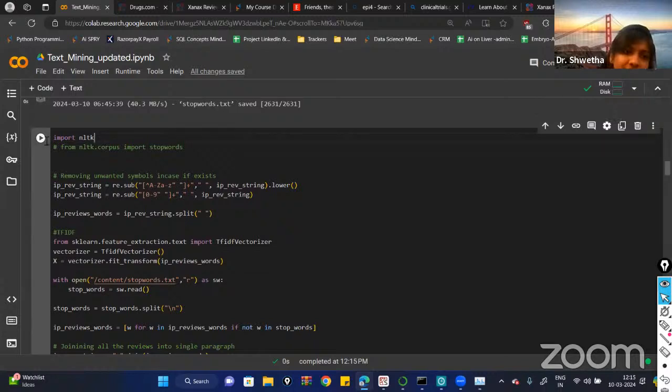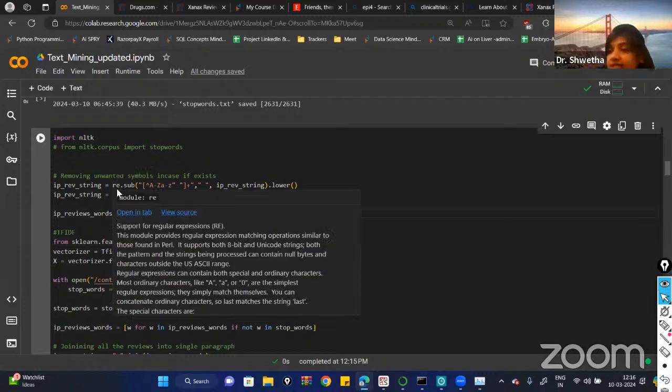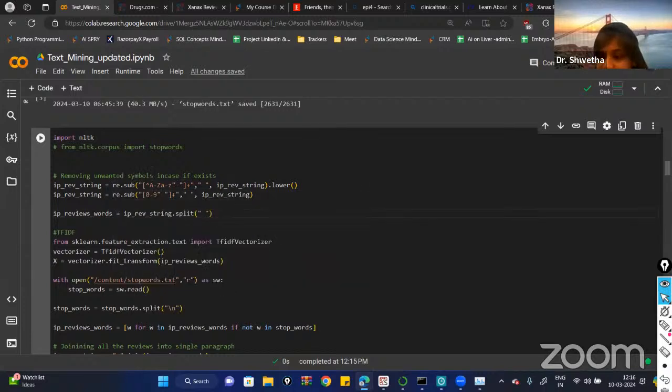Now we are using the NLTK library, the natural language toolkit library, so that we can perform the further pre-processing steps. Firstly, we are using the regular expressions library to remove any unwanted data or symbols in the text. re.sub is substitute.